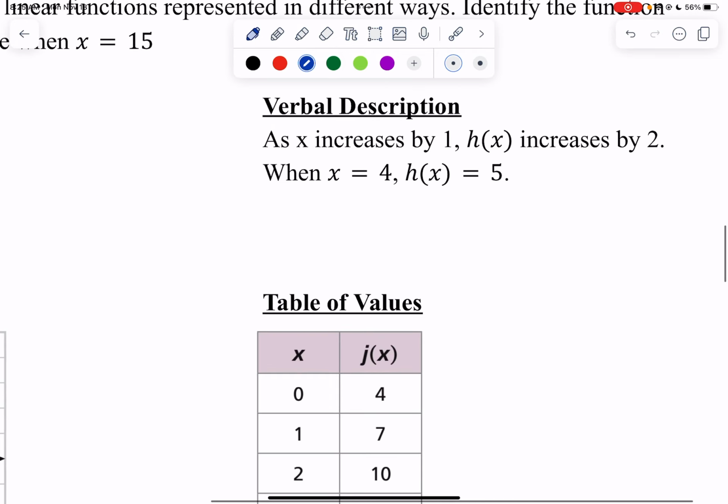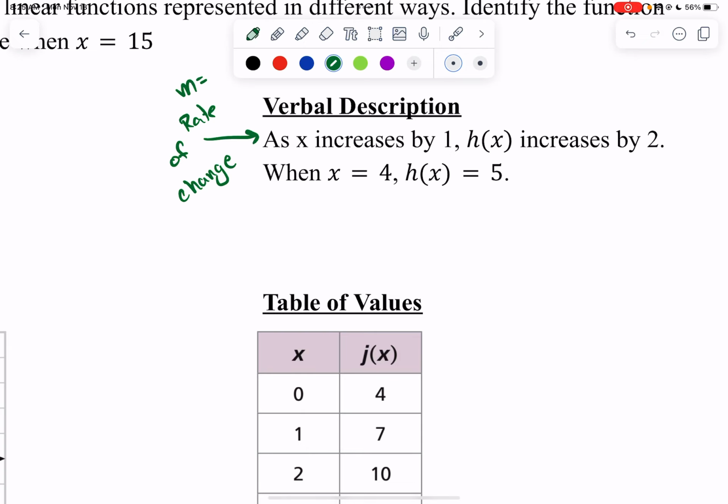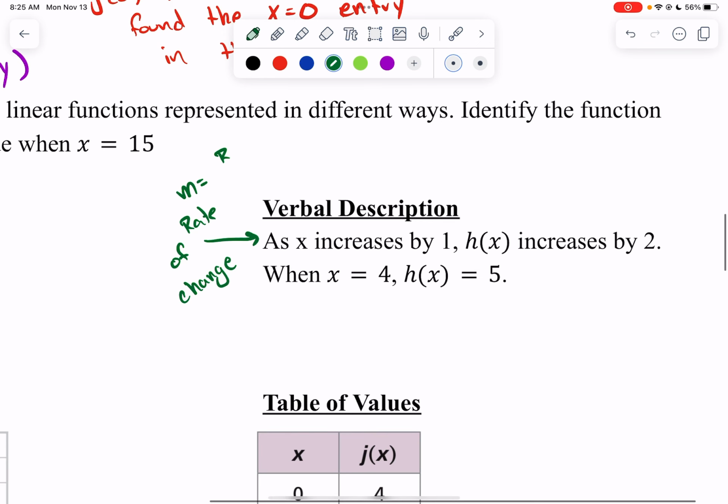Okay, verbal description. As x increases by 1, h of x increases by 2. So what this information is giving me is the rate of change, or the slope. And since slope is rise, which is my up and down, over my run, which is my left and right, rise is y, again, run is x.